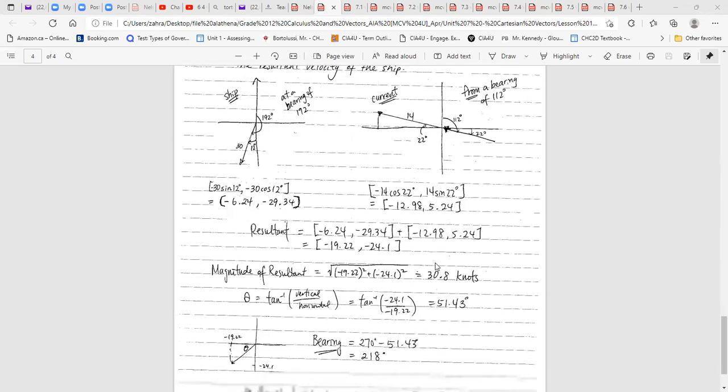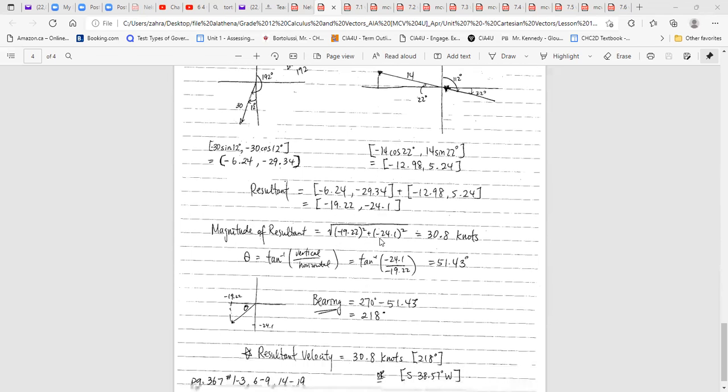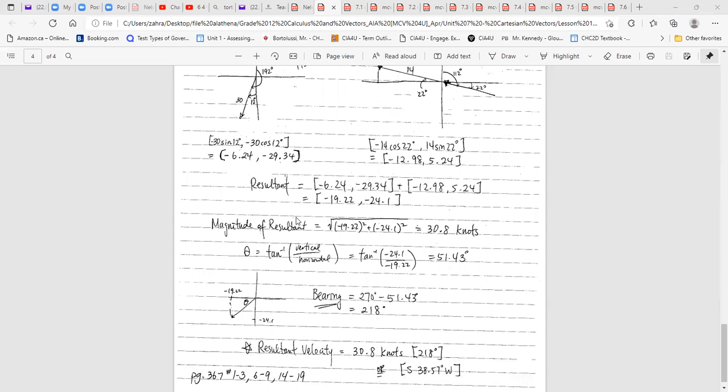When you want to add these two vectors, simply add the x component to the x component and the y component to the y component. This is the resultant. To find the magnitude, I use the Pythagorean theorem: the x component to the power 2 plus the y component to the power 2. To find the angle, take tan inverse of the y value divided by the x value, which gives you the angle.